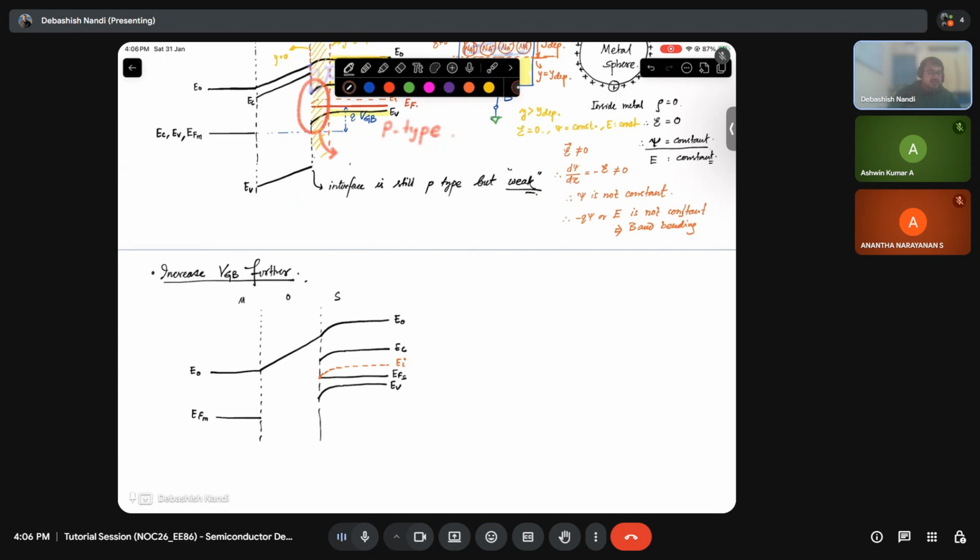So what is the nature of the interface now? What type is it?